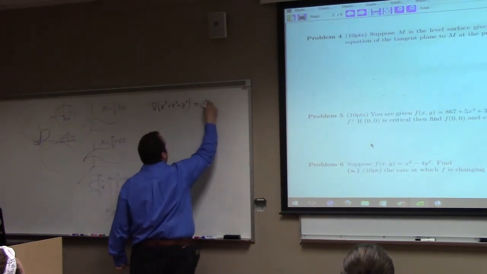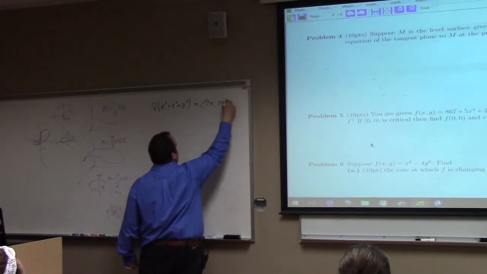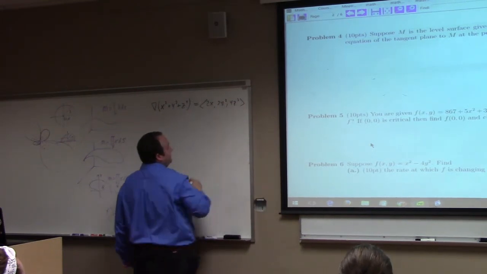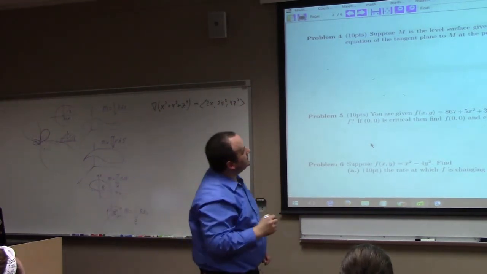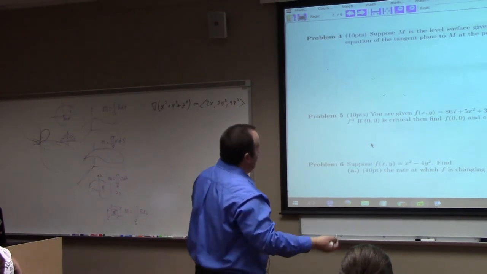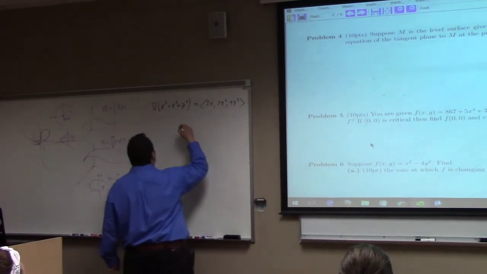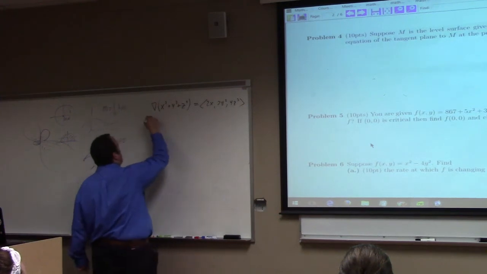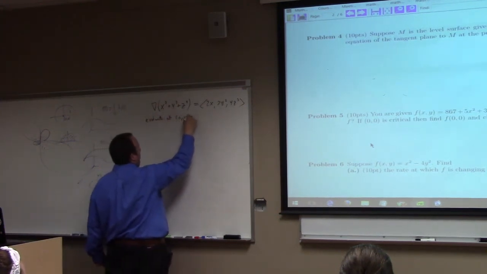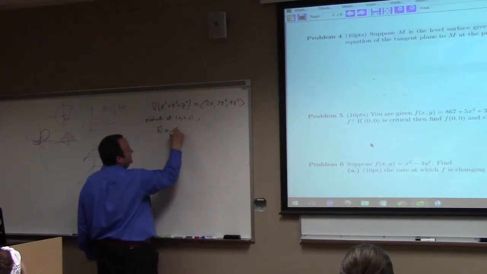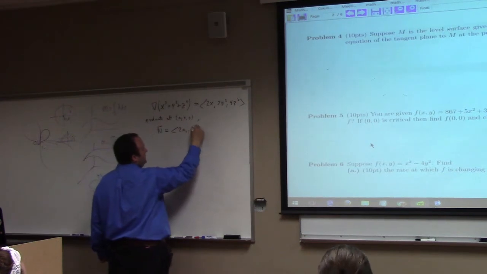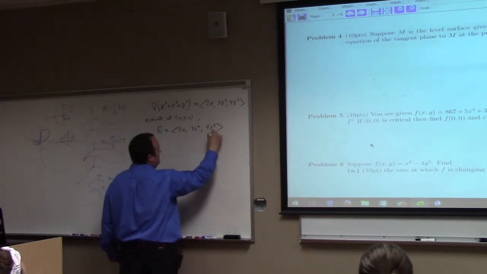So that's 2x, 3y squared, 4z cubed. And I'm asking for the Cartesian equation of the tangent plane at the point a, b, c. So I evaluate at a, b, c, and that gives me the normal vector 2a, 3b squared, 4c cubed.